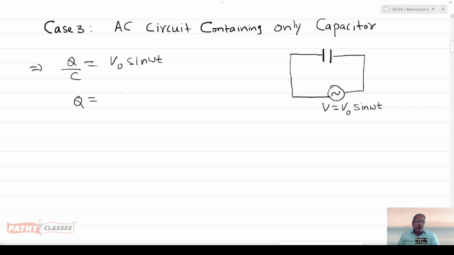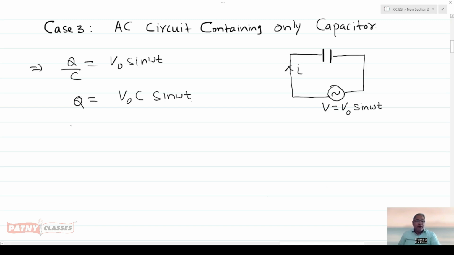Therefore, Q equals V naught multiplied by C sin omega t. Here we have the voltage V equals V naught sin omega t. What do we want? We want the current I, but we don't have current, we have the charge.